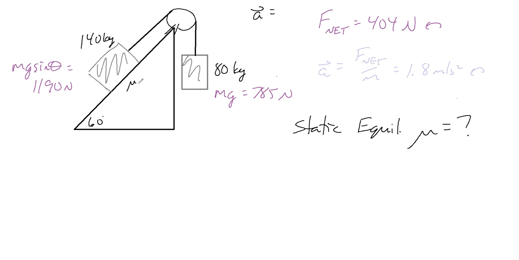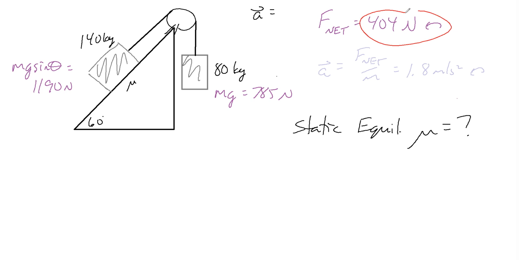Okay, so it's a static equilibrium, which means I know that all the forces are canceling out, it's not moving. Okay, so how much is trying to move my box? And I often look at, if there's no friction, what would be going on? And if there's no friction at all, I know the net force would be 404.